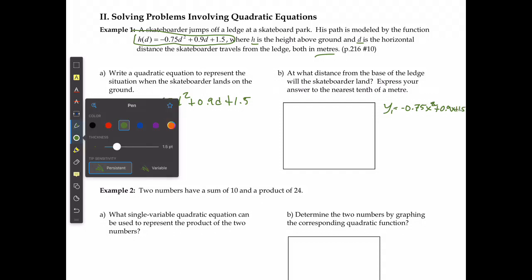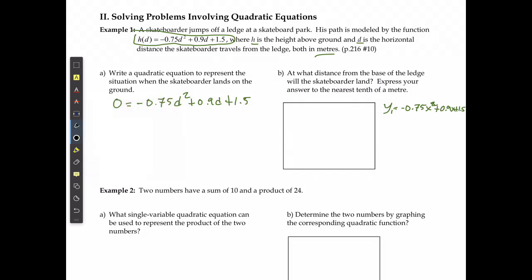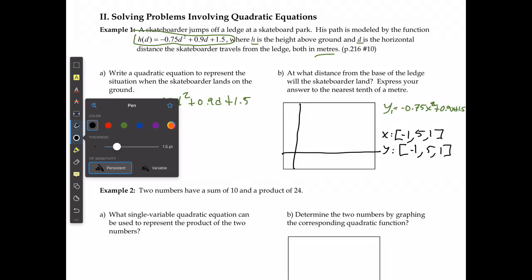My window settings I'm going to use for this are going to be x min negative 1, max 5, and a scale of 1. And my y is going to be negative 1, 5, and 1. And then I'm going to get something that looks like this.